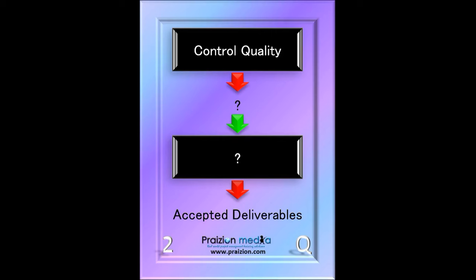So I've given you the answer. Control quality gives you a verified deliverable, which becomes an input to validate scope. And there's your answer.